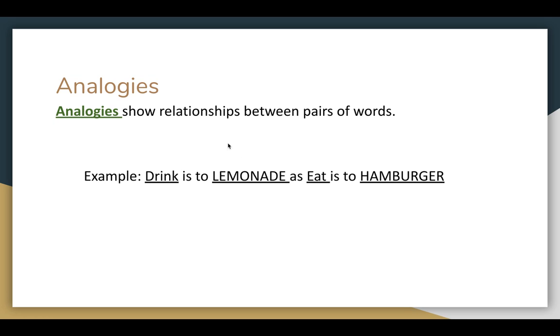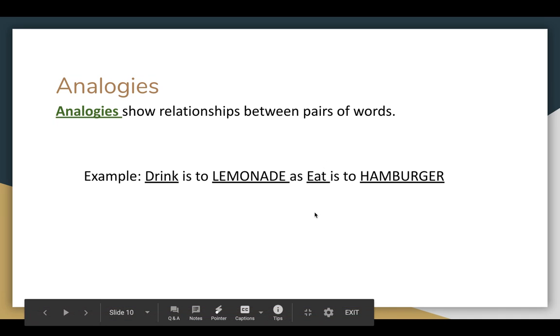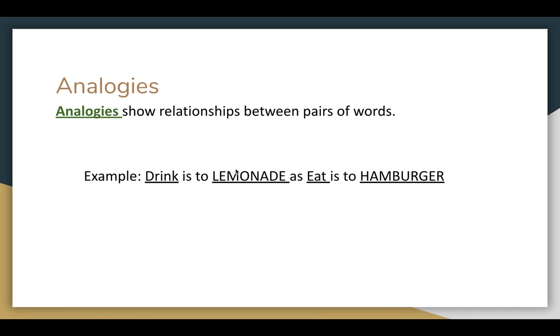Usually when you're given an analogy, one of the words that I have underlined is missing. And you have to figure out what the relationship is between the words by looking at the other pair of words. So if I took out the word lemonade and I just said drink is to blank as eat is to hamburger, you have to figure out, I eat a hamburger, so what do I drink?